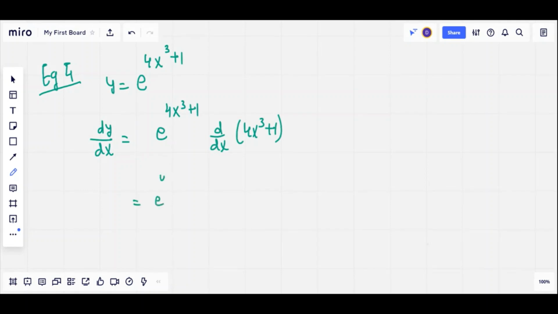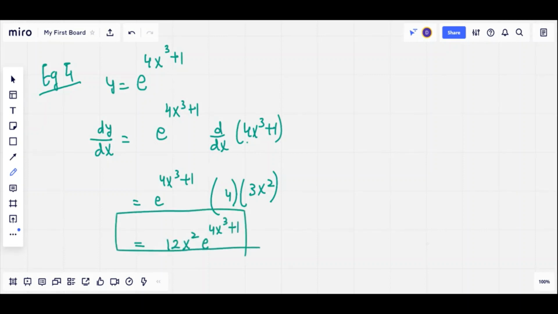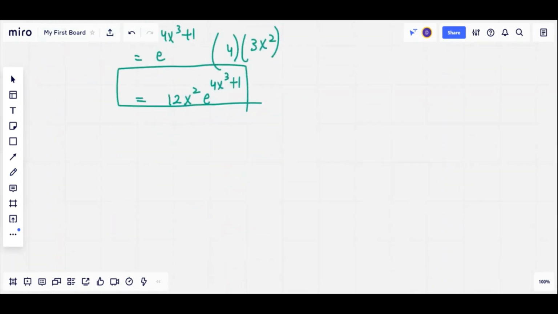So e raised to the power 4x cube plus 1 remains as it is. This 4 comes outside. Differentiation of x cube is 3x square, and differentiation of 1 is 0, so we won't write that. So this comes out finally as 12x square e raised to the power 4x cube plus 1. This is the final answer.